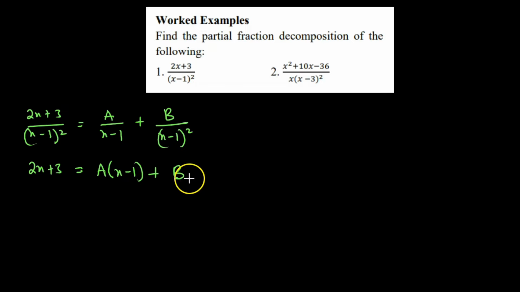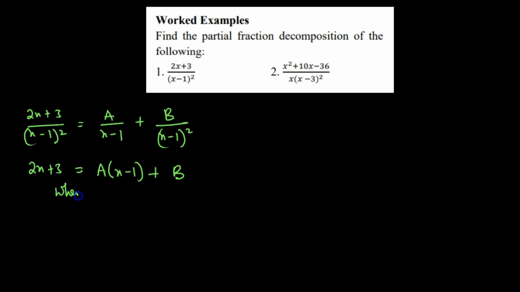So at this moment, solving for a and b, as I said, you can choose to use the trial and error method. And in this case, if you want to get rid of a, then you must substitute a value of x which will make it possible for a to be done away with. So what will be your guess? The value of x that can be substituted to get rid of a so that you can find b is the number 1.